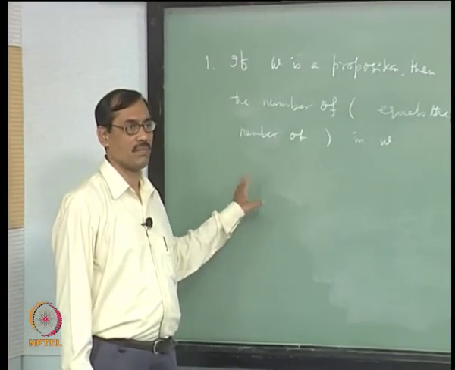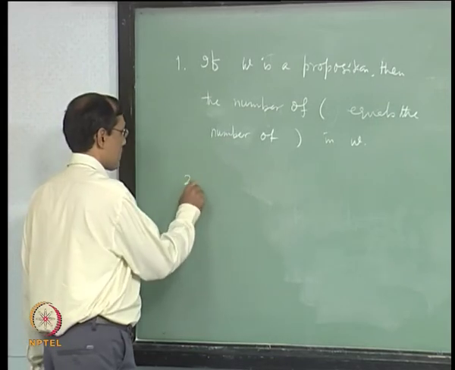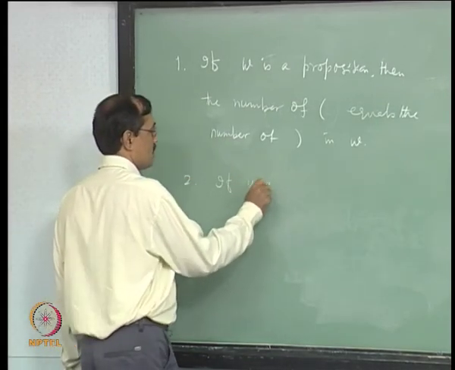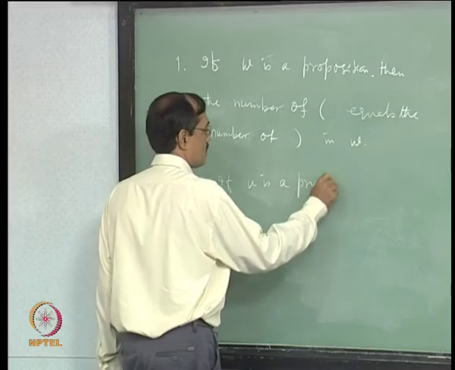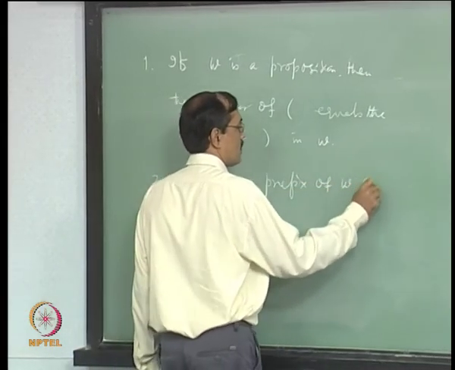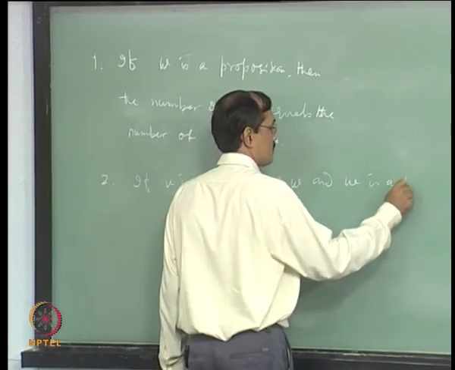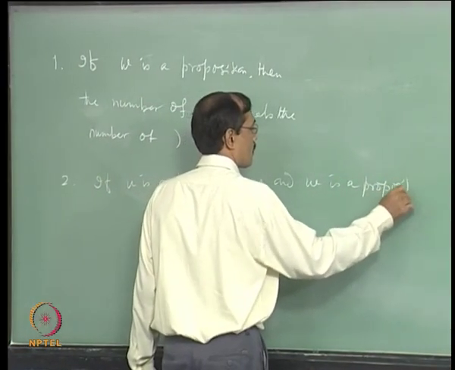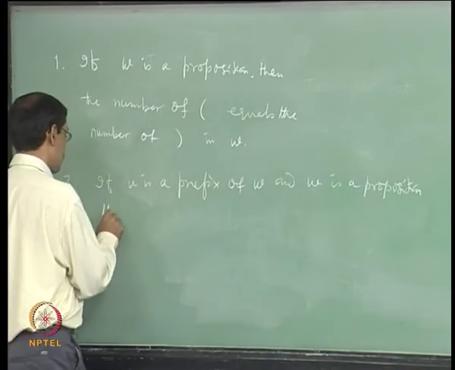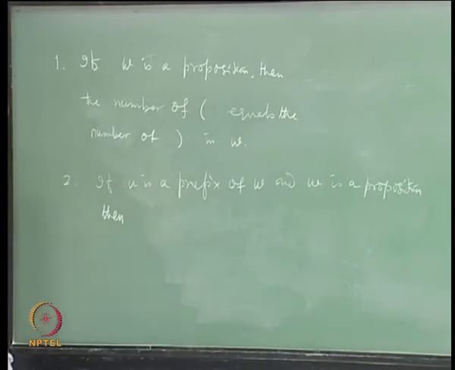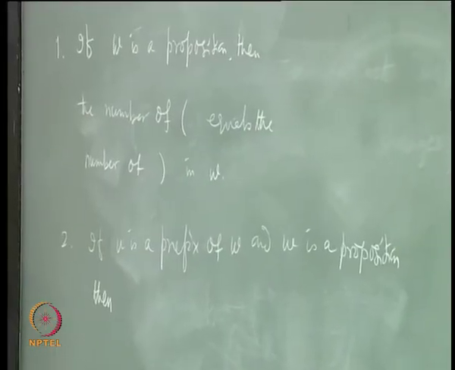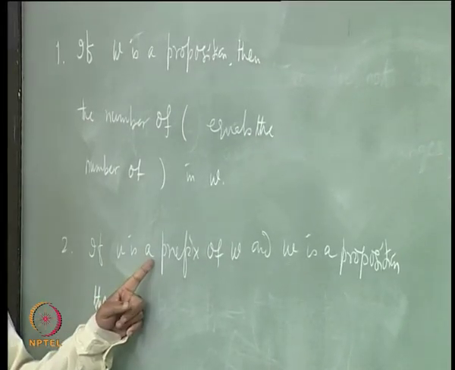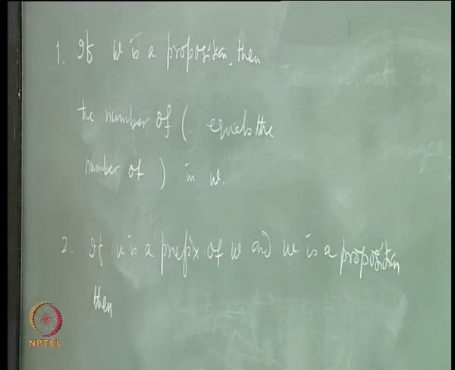So, now how do you formulate the second rule? It is about the prefix of a proposition. Yes, if u is a prefix of W and W is a proposition, then what happens in u? We are talking of a proper prefix, right? So, let us take u as a proper prefix, then what happens?